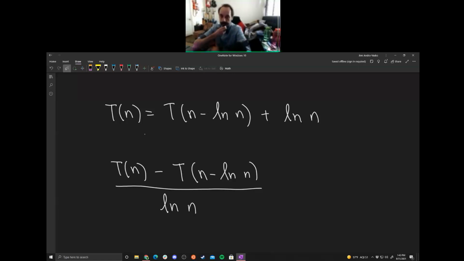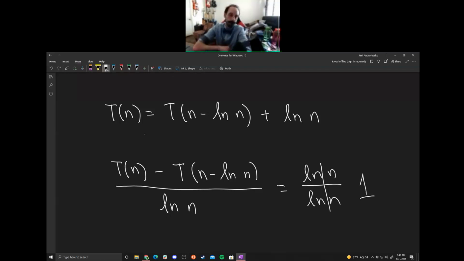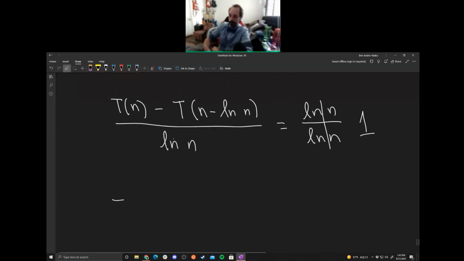So this equals ln n divided by ln n, which is just 1. That means for this example, T'(n) is going to be 1.